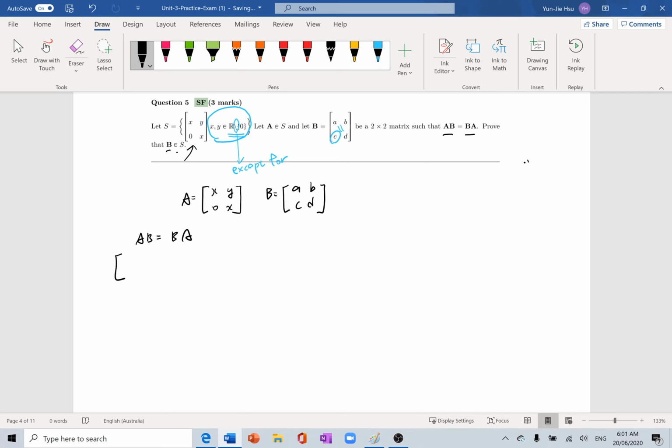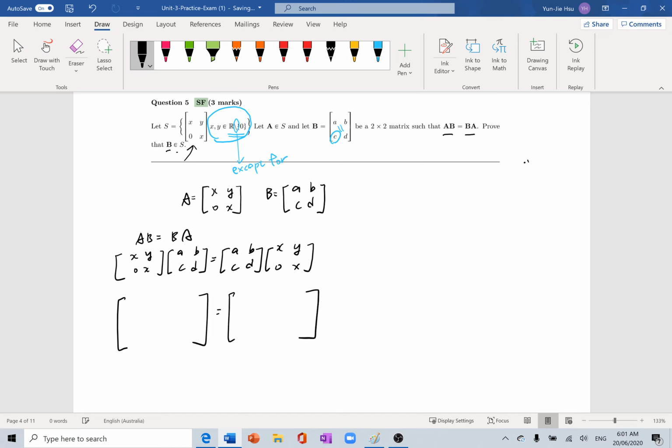So it means [x, y; 0, x] times [a, b; c, d] will equal [a, b; c, d] times [x, y; 0, x]. Okay, we multiply each other, we get a new matrix. 2 times 2 times 2 times 2, so still 2 times 2.